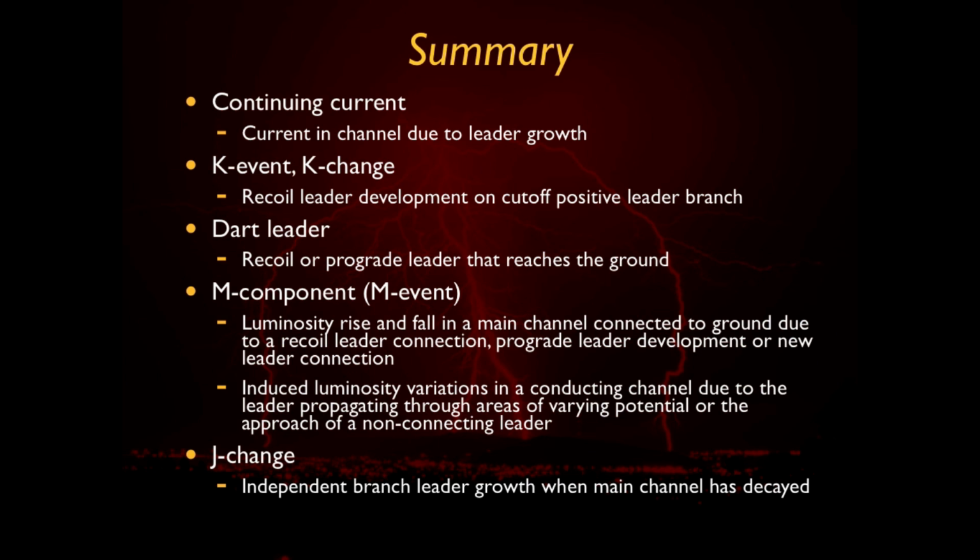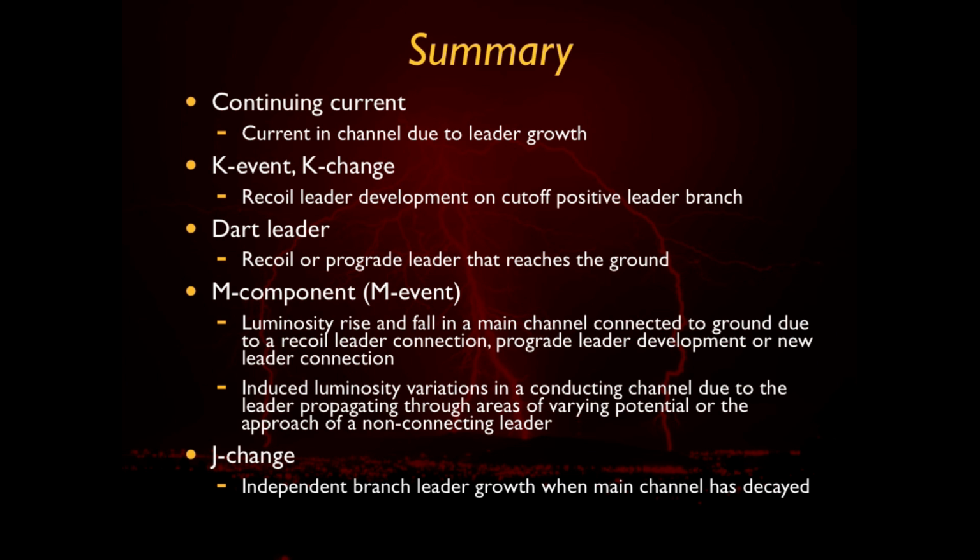We also believe that the induced luminosity variations associated with M components could be associated with a conducting channel as it propagates through areas of varying potential, or sometimes recoil leaders will form but decay prior to reaching the main luminous channel.